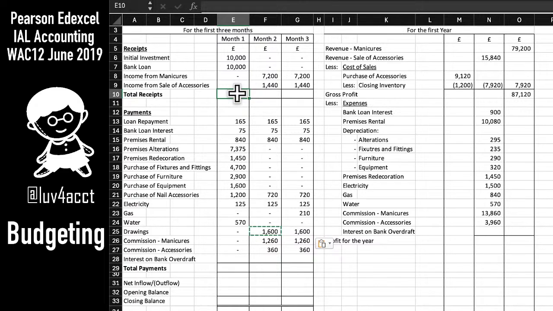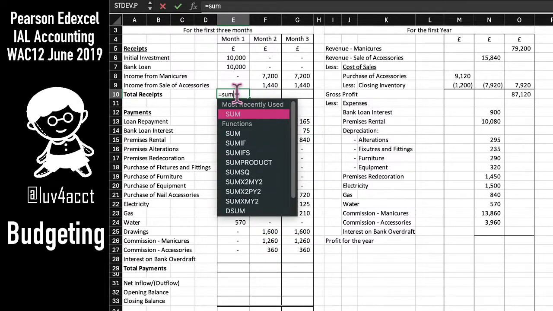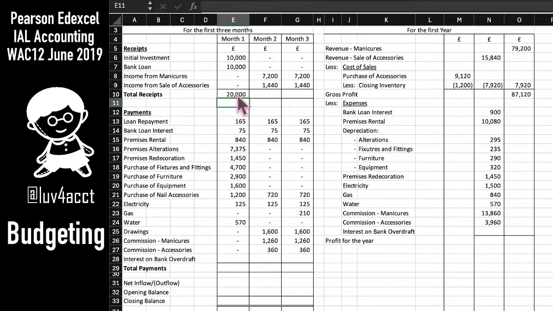So let us calculate the total of those things. I think the overdraft will be in the first month because all are payments. You can see here, I have calculated total receipts and also total payments. Now I use total receipts minus total payments.